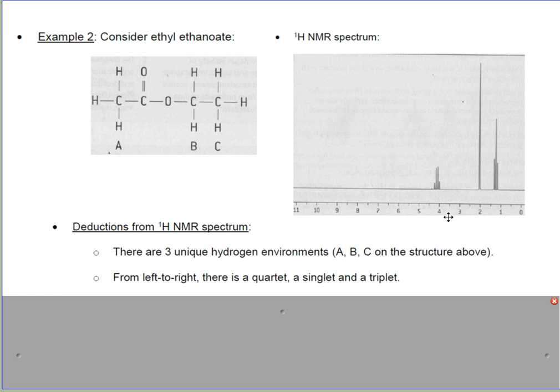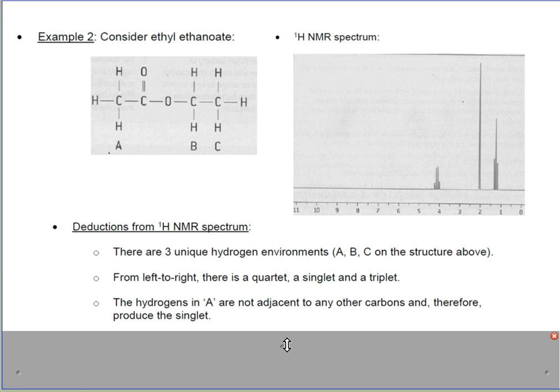Looking left to right, this first signal has 4 splits to it, 4 different peaks in this cluster. Then we've got a nice singlet here, and lastly, a little triplet. That's telling us information about how many hydrogens are nearby, and we're going to be using the N+1 rule.